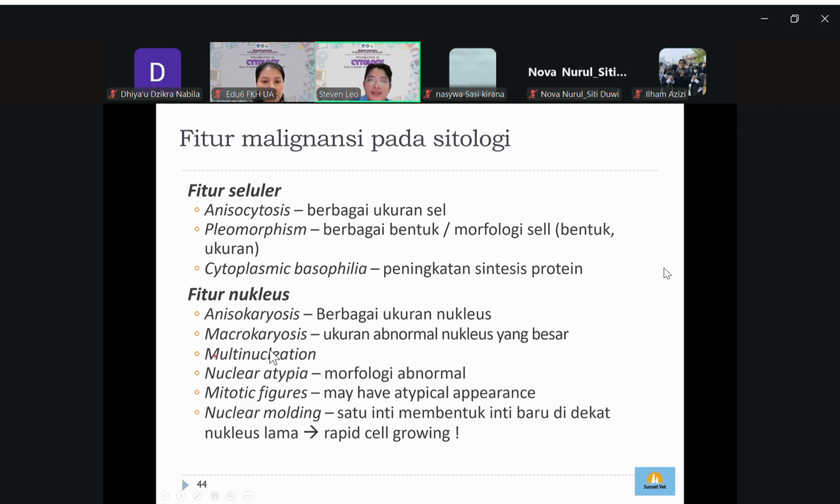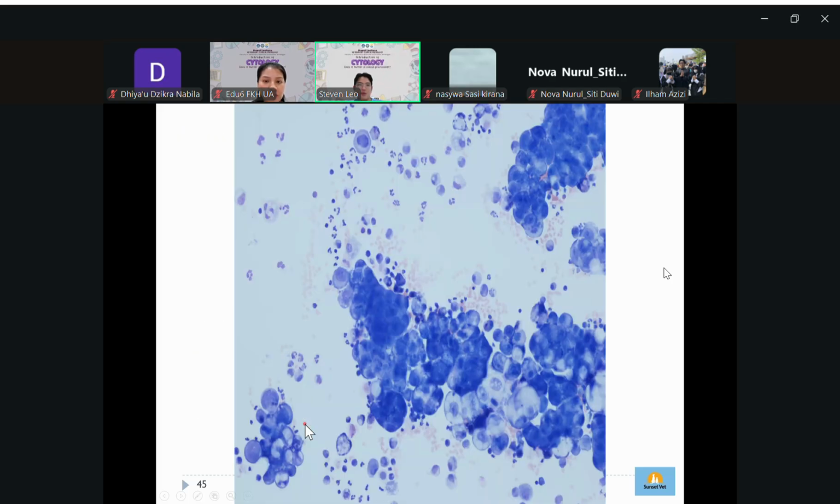And then there is multinucleation, so the nucleus is dividing into more than one. And then nuclear atypia, mitotic figures, nuclear molding. Let's discuss with this one. As you can see here, typically, let's say the easy way: in the cell, there is a big one, there is a small one.